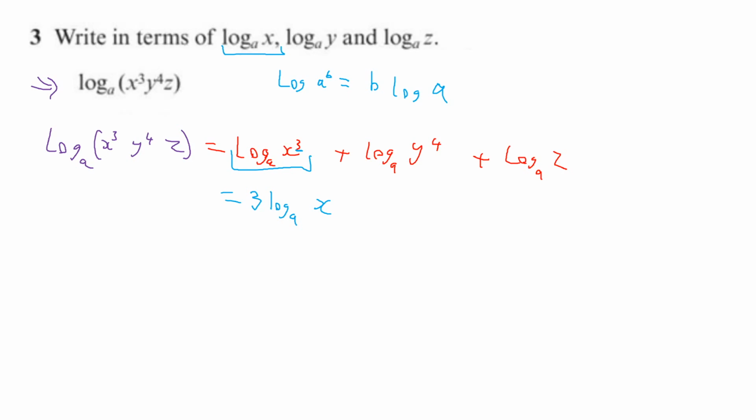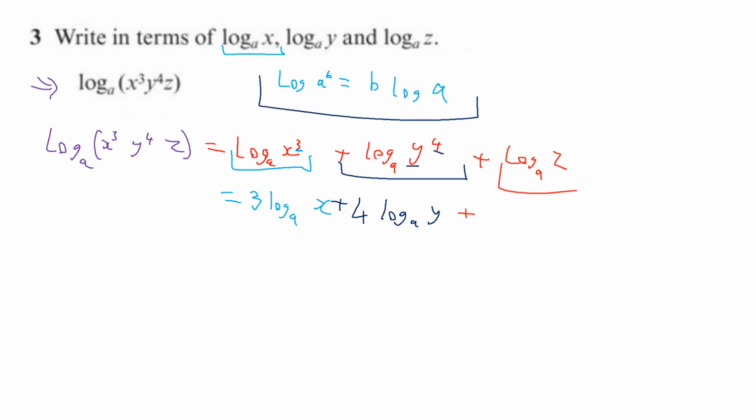All right? Now, it's the same thing with this one. Here we have y to the 4, so we use this log rule up here. And this is the same as 4 times log y, base a. And as you can see with log z, it's already in the form that we want it. So we can just leave this as log z. And that is your final answer.